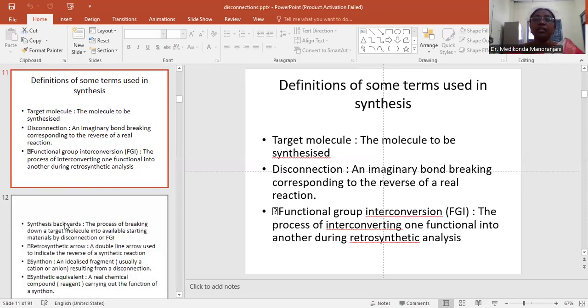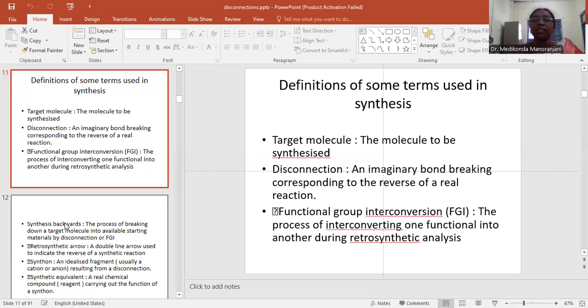Now, let us see the definitions of some of the terms used in synthesis. Number one, target molecule. The molecule which is going to be synthesized is called the target molecule. Then the term disconnection. It is an imaginary bond breaking corresponding to the reverse of a real reaction. Next, the term functional group interconversion.